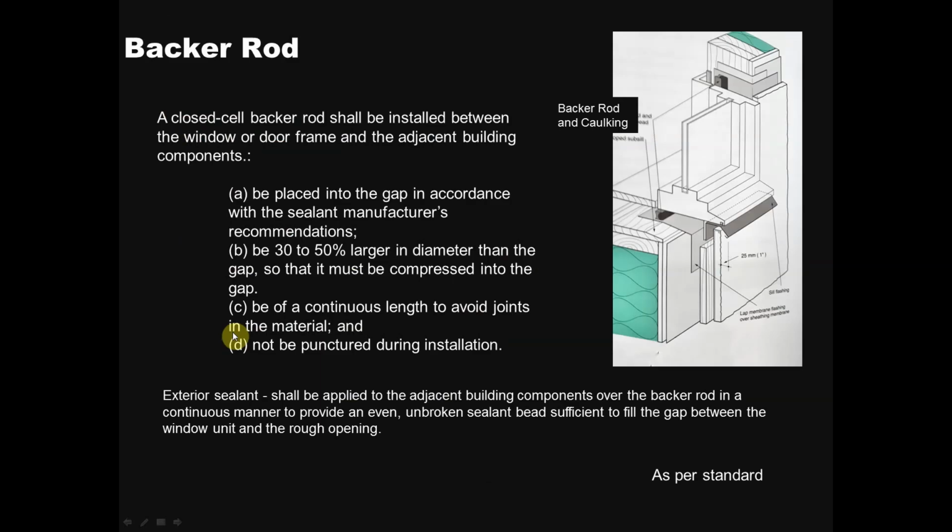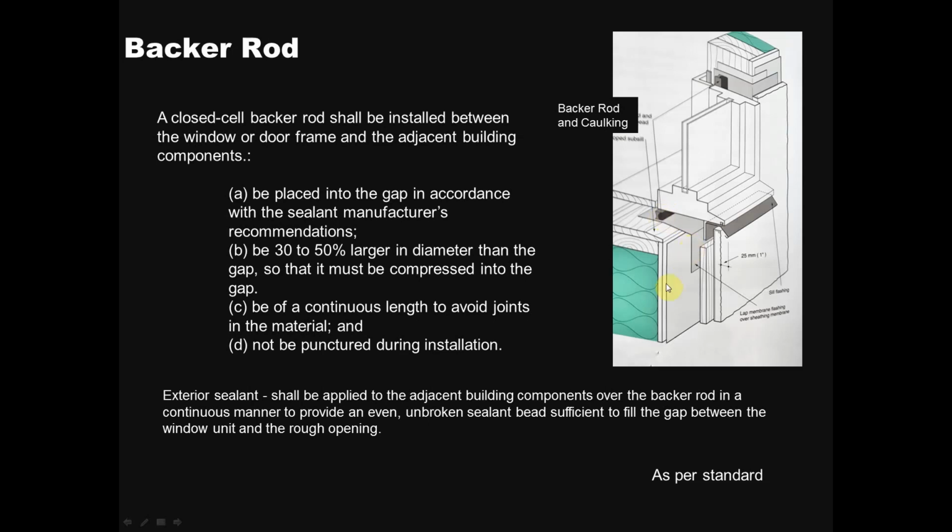Okay. Now the other thing we see in here that the standard requires is the use of a backer rod. That backer rod is right there, it wraps all the way around, and they want caulking, so that no air or water will get past that and it'll drain out this way.